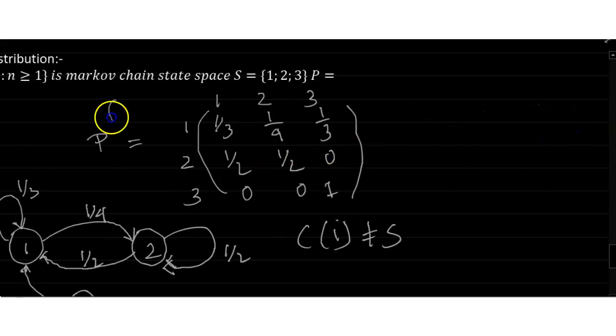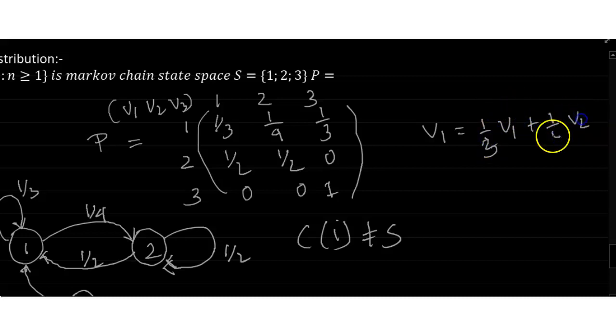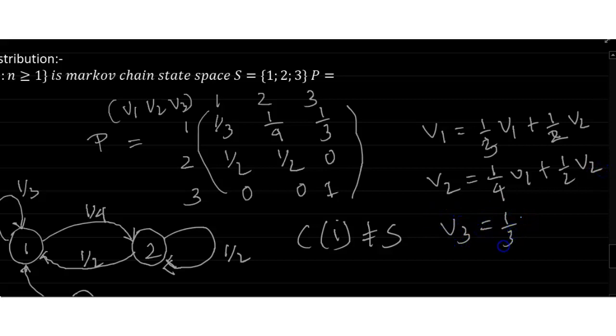So multiplying with this, we get V1 equals 1/3 V1 plus 1 by 2 V2, and V2 is equal to 1 by 4 V1 plus 1 by 2 V2, plus V3 equals 1/3 V1.